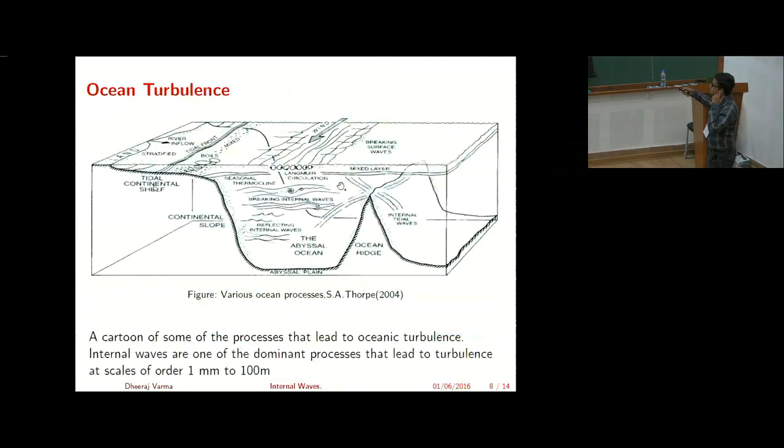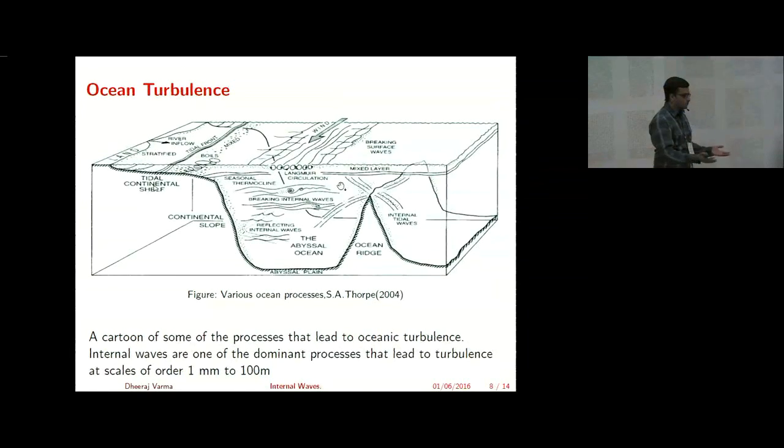So the next example is on ocean turbulence. This is a picture taken from a paper. When you talk about the ocean, it's the tidal forcing. So it's like the ocean moving back and forth about the ocean bottom topography, due to which, as it moves back and forth, it hits the deep ocean topography, and there's an internal wave generation.